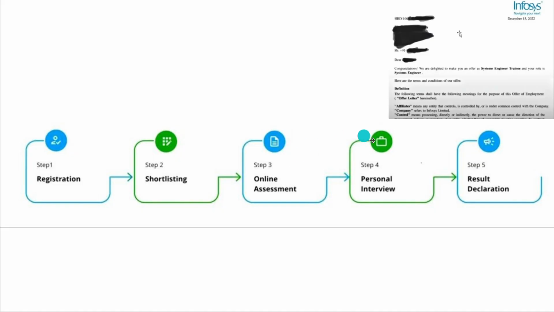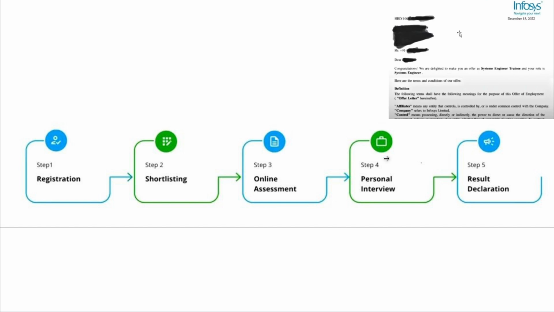Before starting the pattern, you have already achieved three steps: the shortlisting process is completed and you have received the online assessment link. Now two very important steps remain, step 3 and step 4: exam clearance and interview clearance.